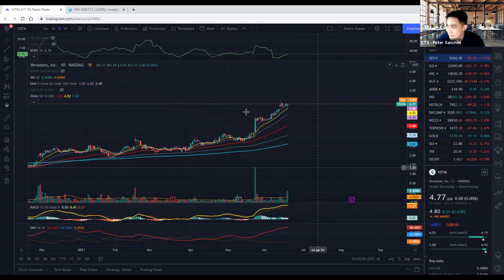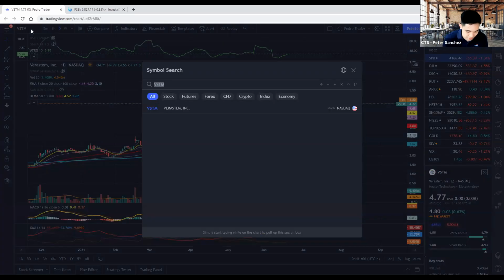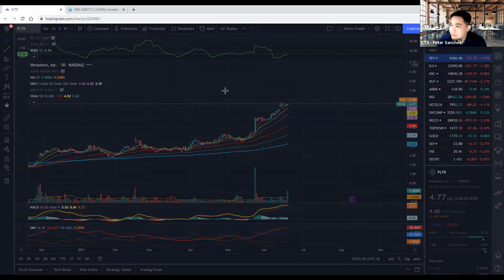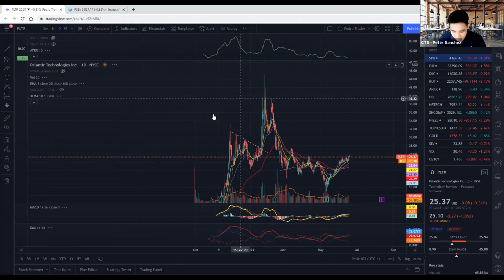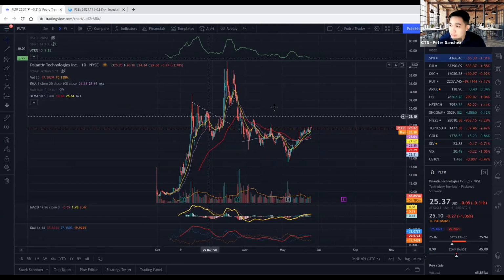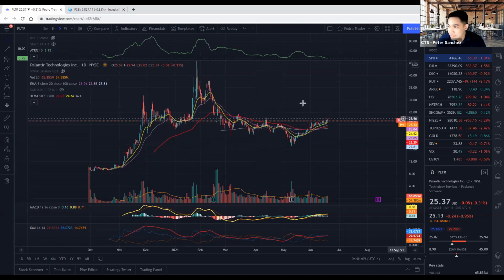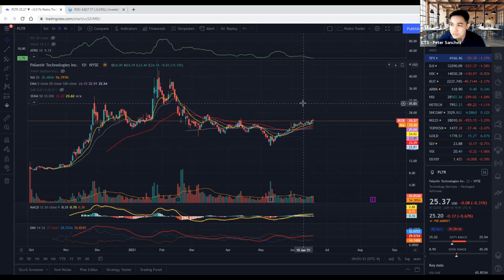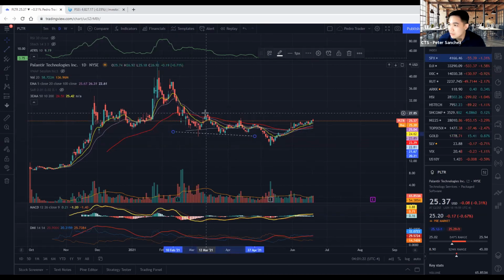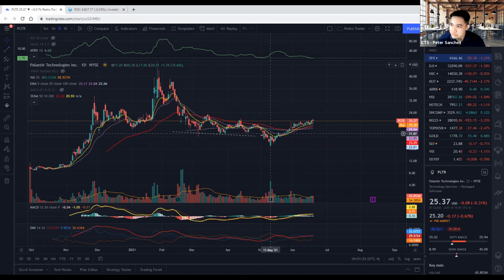Itong watch list. Okay. BSTM, TLTR. Palantir. Parang currently, it's on a sideways move. Di pa klaro yung sideways trend lines niya, pero for me, medyo low priority rin to.